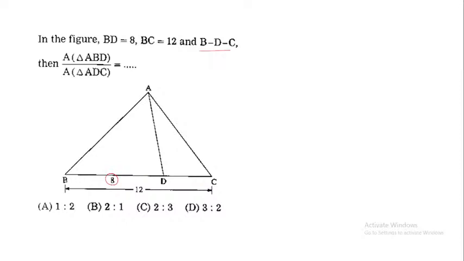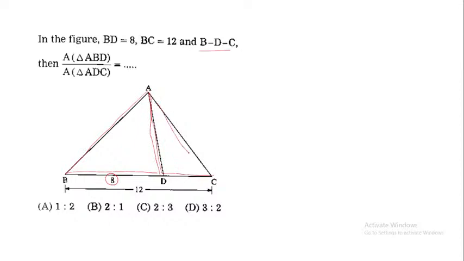From this we have to find the ratio of the area of triangle ABD and the area of triangle ADC. To find the ratio of these two triangles, consider triangle ABD and find its ratio with triangle ADC.